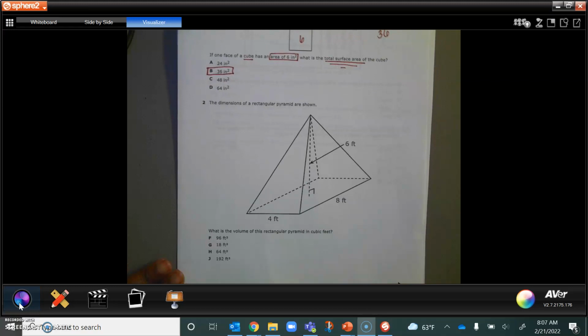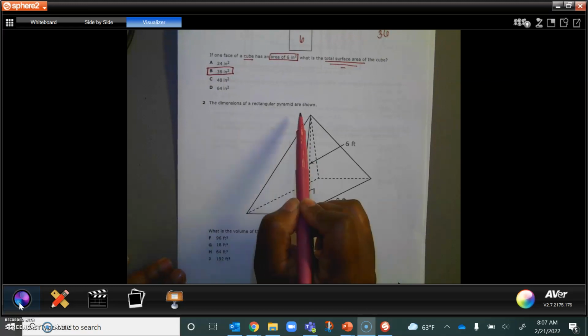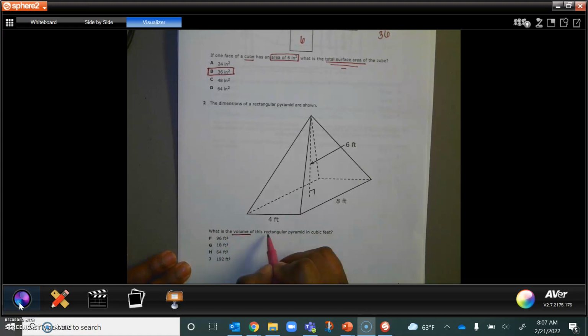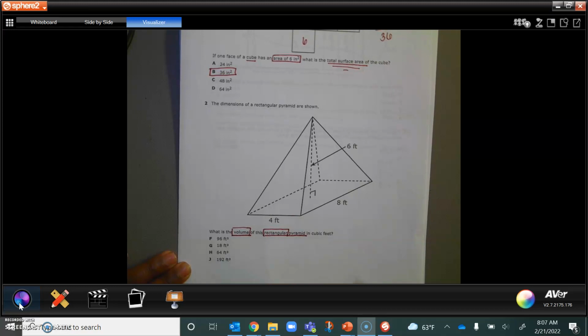Next. It says the dimensions of a rectangular pyramid are shown. What is the volume of this rectangular pyramid in cubic feet? So I am looking for volume. I know that the base is a rectangle because the base is in the name.